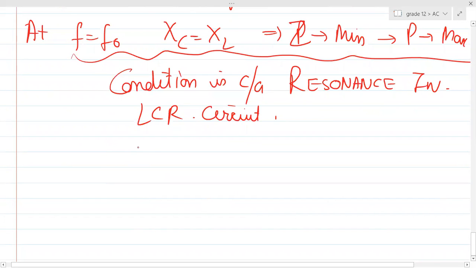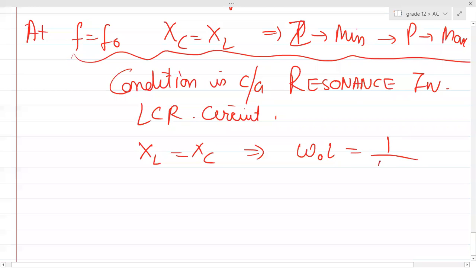So what is this frequency, by the way? At this point XC and XL are equal, that implies omega naught L equals 1 upon omega naught into C. Omega naught goes over here and becomes omega naught square, L comes down, and from here omega naught equals 1 by under root of LC.